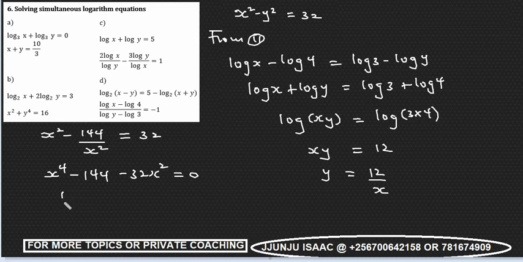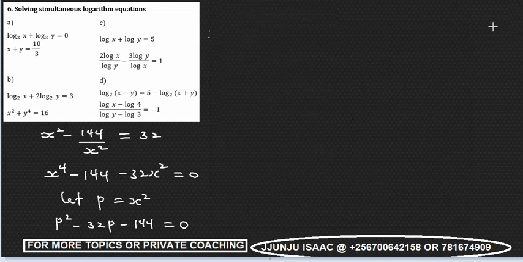So let me let p be x squared. So we shall be having p squared minus 32p, then minus 144 equal to 0. So we can factorize this, or we can use a formula to get the value of p, but don't forget that p is x squared.